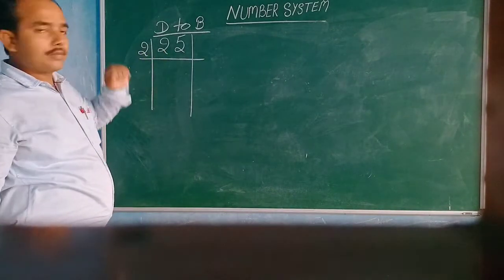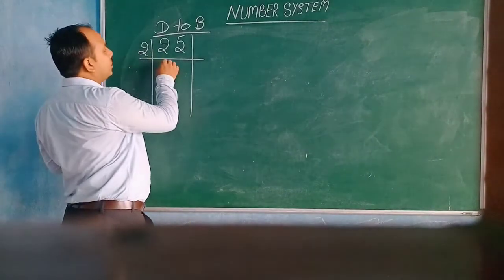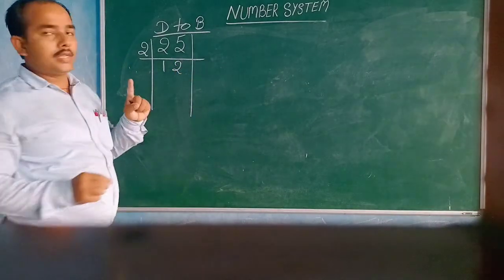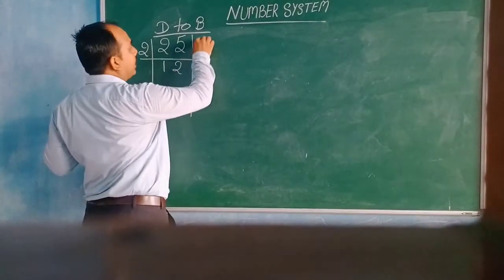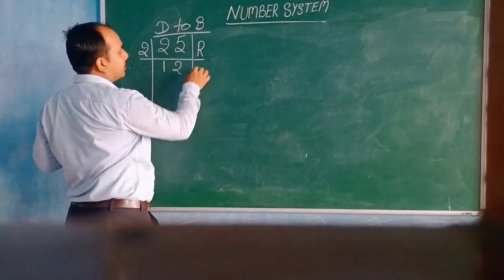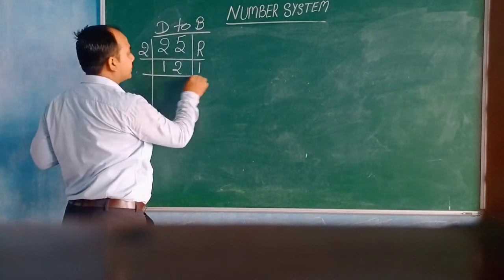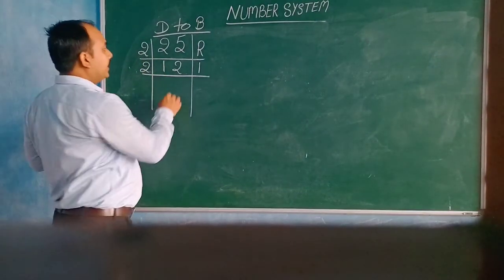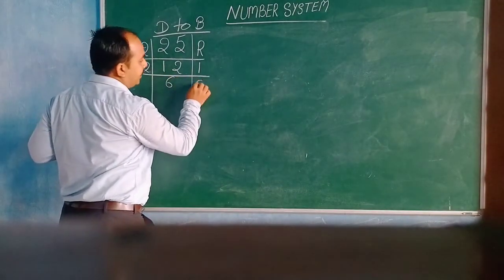Then we will divide by 2. So 2, how many times? 12 times, with a remainder of 1. Every remainder we write on this side. So 1 is the remainder. Again divide by 2. 6 here, remainder is 0.